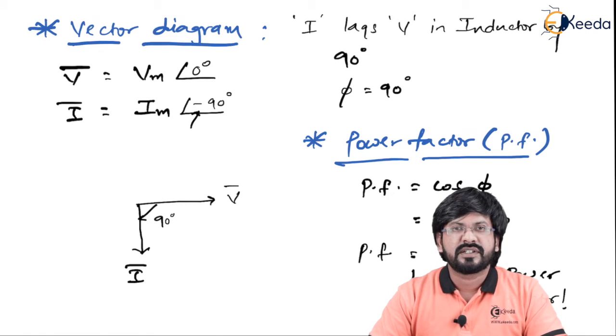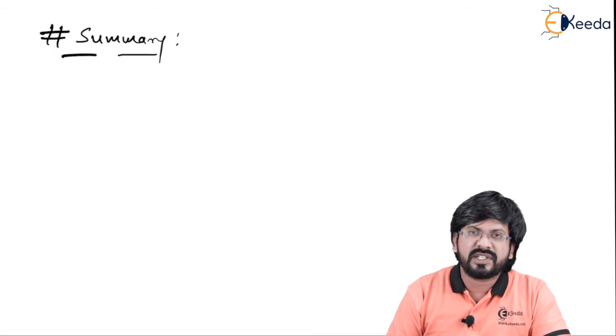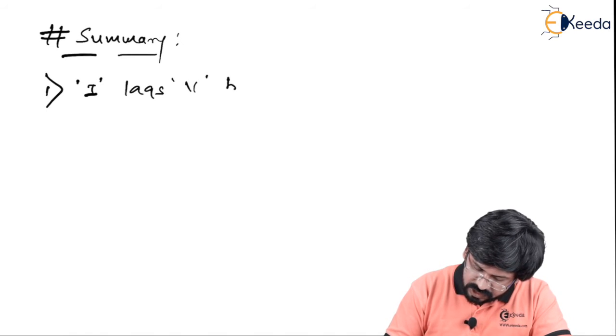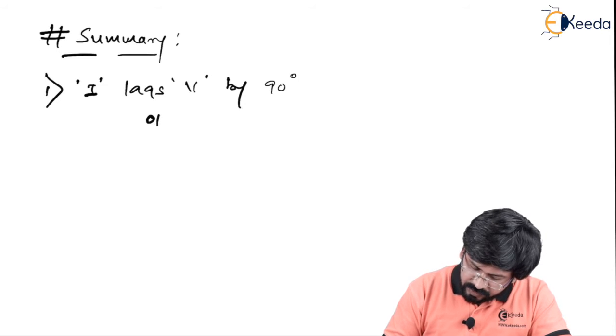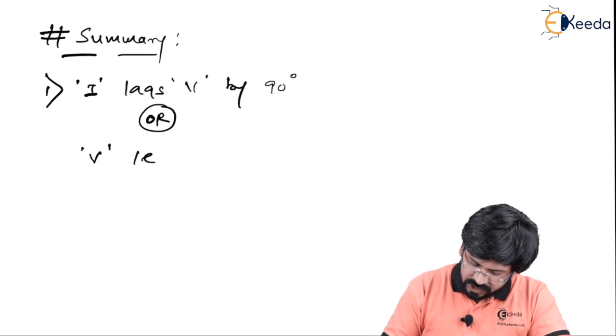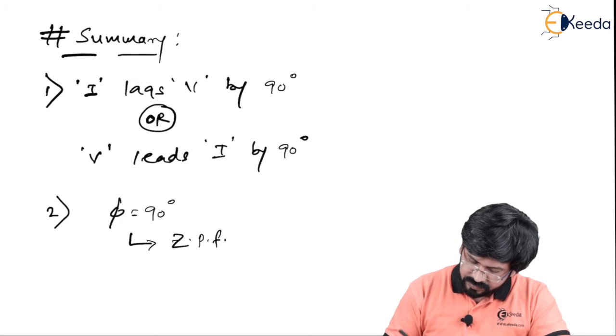Now we will summarize the inductor, how it behaves in an AC circuit. In case of an inductor, current always lags voltage by 90 degrees. So the first and very important conclusion is that current lags voltage by 90 degrees, or you can say voltage leads current by 90 degrees. Both have the same meaning. Second, the phase angle is equal to 90 degrees, therefore it gives you zero power factor.